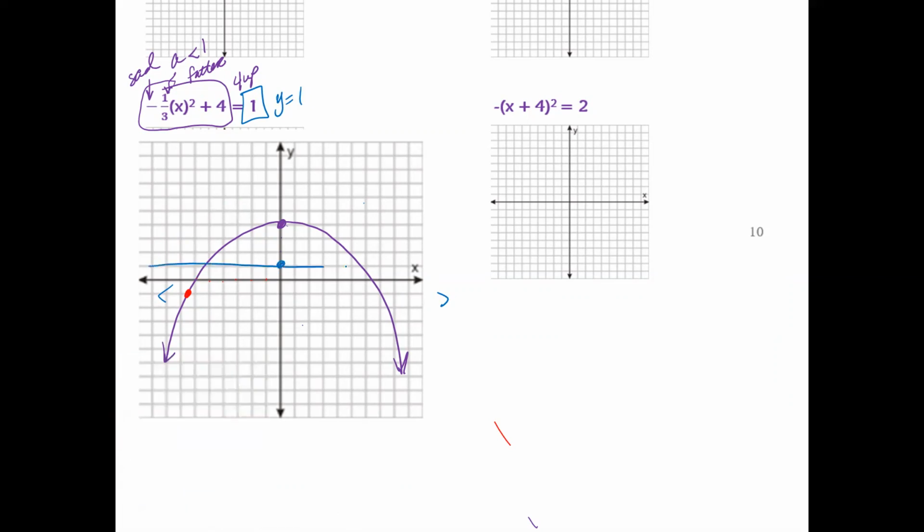Y equals 1 is right here. Sorry, that was negative 1. So that point is 1, 2, 3, 4, 5, 1, and 1, 2, 3, 4, 5, 5.5, 1. You guys try this one on your own.